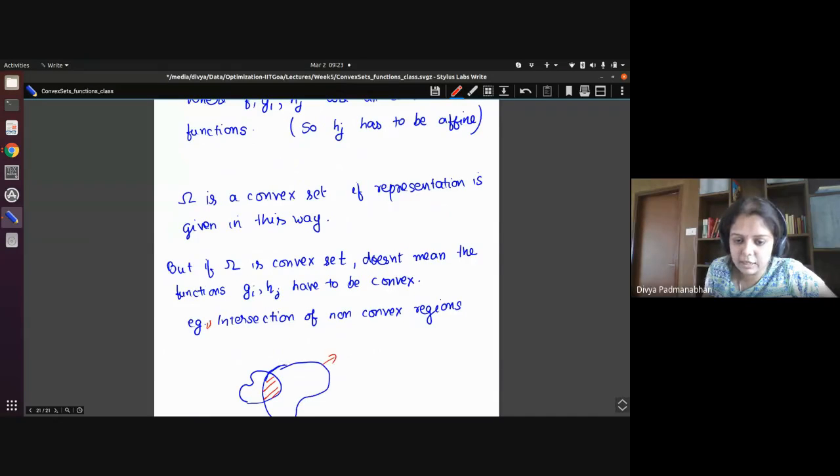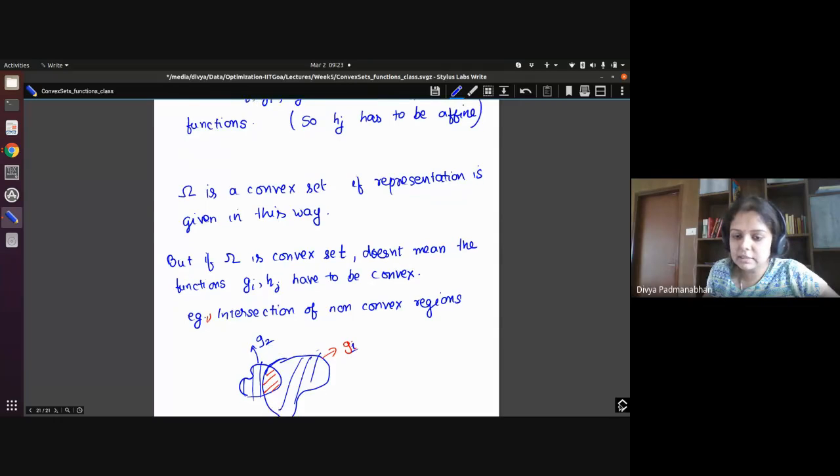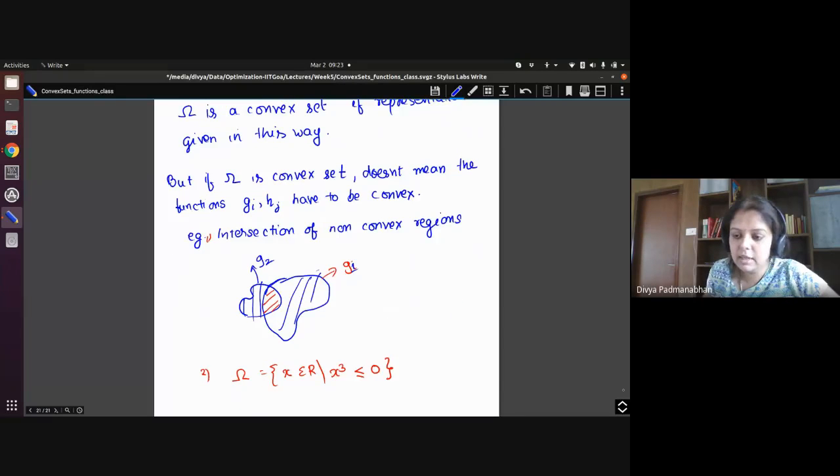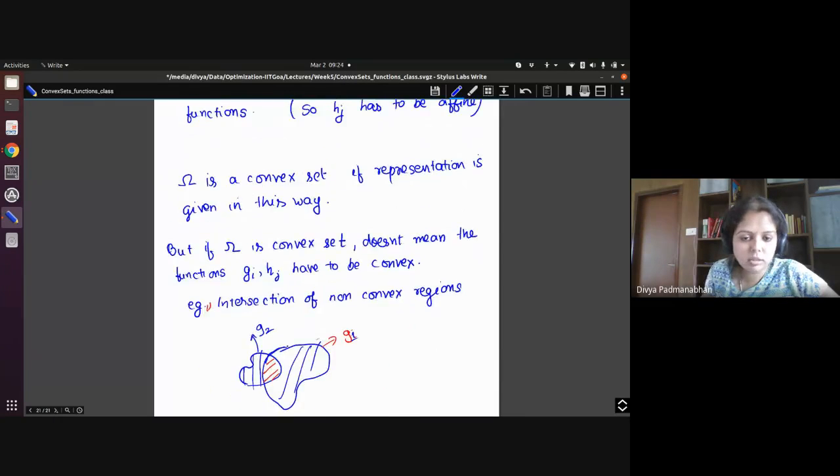These could be one inequality, g_i, and another function, where I mean the whole enclosed region, not the boundary alone. An intersection of these is a convex set, but these functions g are themselves not convex.